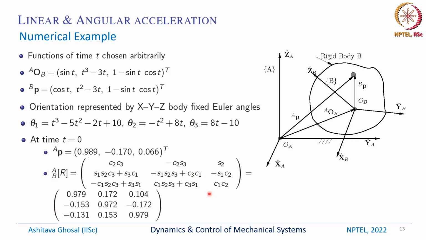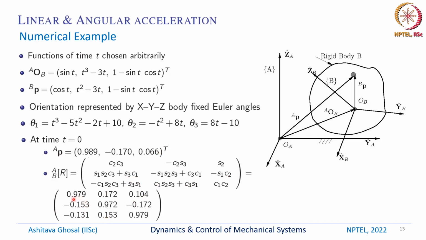We have discussed this earlier. So if you substitute t equals 0 in these expressions for theta 1, theta 2, and theta 3, and then compute cos theta 2, cos theta 3, sin theta 3, cos theta 1, all the elements of this rotation matrix, you will get this rotation matrix.